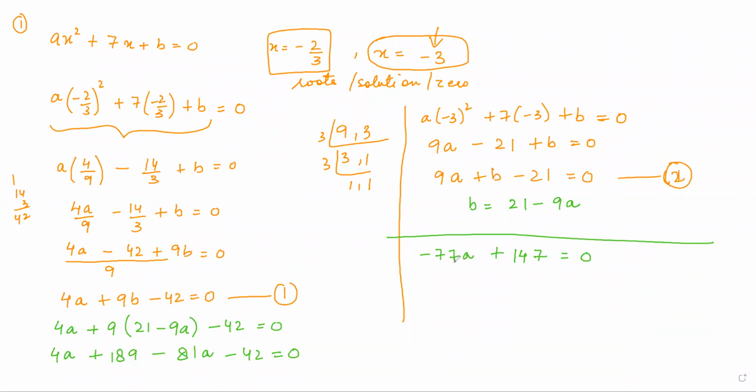So you can do like minus 77a is equal to minus 147, right? So minus minus cancel out. So a becomes 147 divided by 77. So which number? I think it can be divided by 7, right?